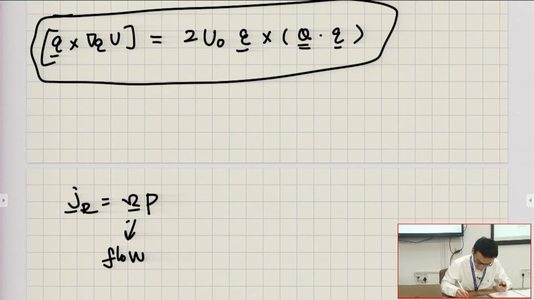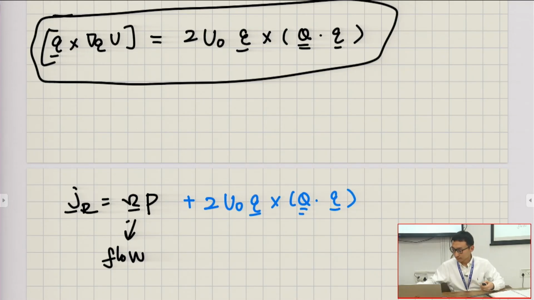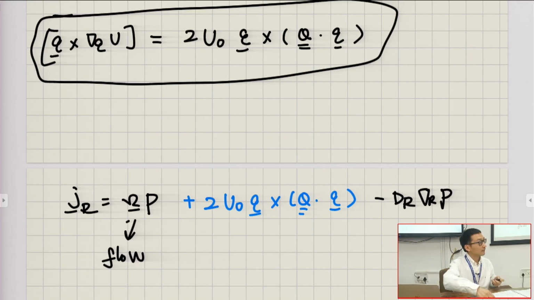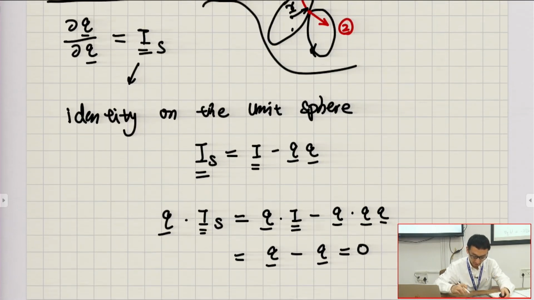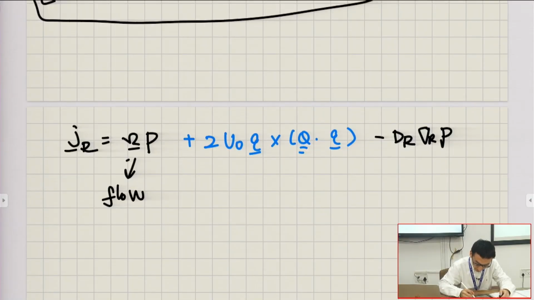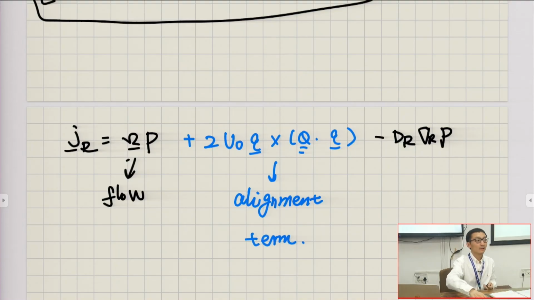Now we add this term here. And what else do we have? We have the rotational diffusion from before. So this is the alignment term. That is it. That's the only new thing we have in all of our equations, is that we've now introduced an alignment term. Any comments on this?